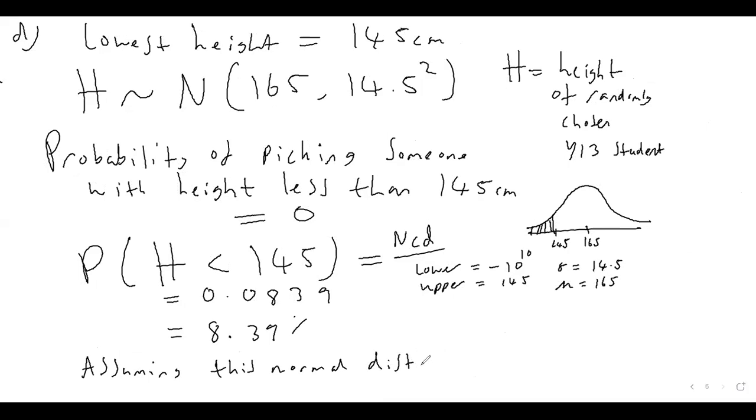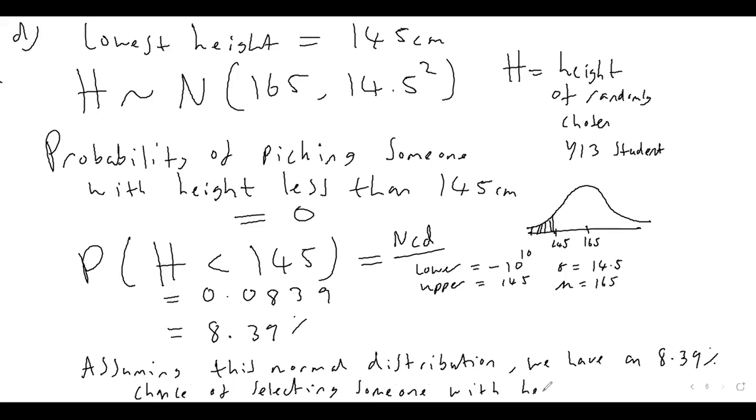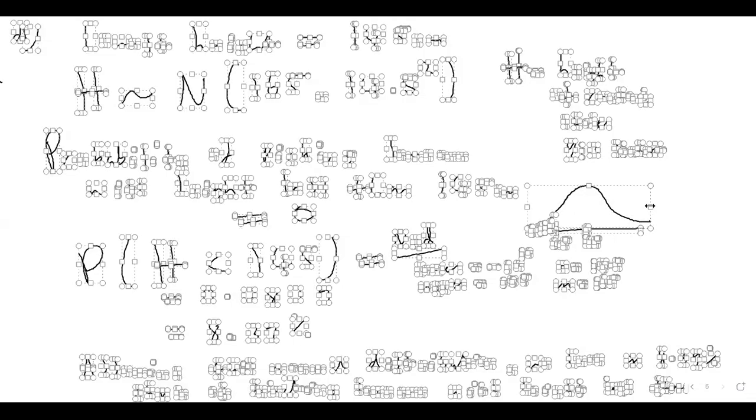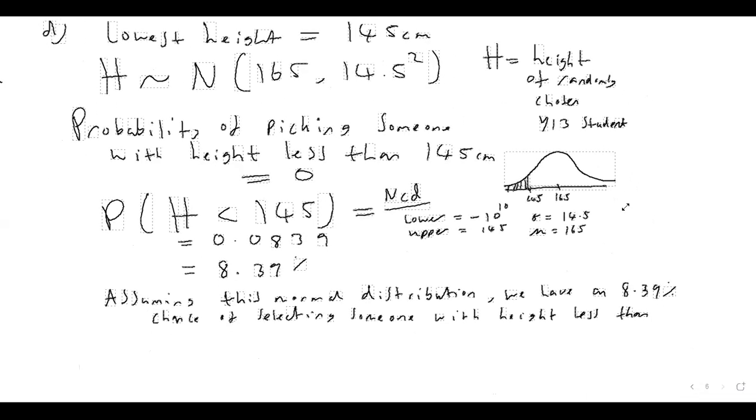So assuming this normal distribution, we have an 8.39% chance of selecting someone with a height less than 145 centimeters.